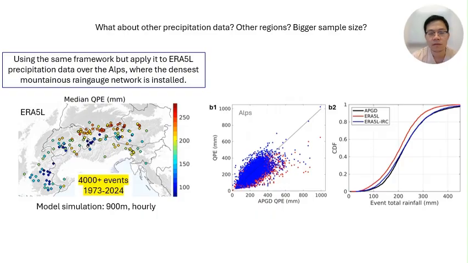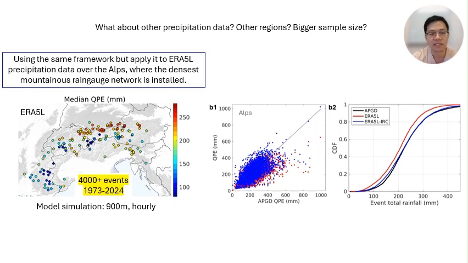So the question is, what about using other precipitation data except stage 4? And what about applying this framework to other regions, perhaps bigger sample sizes, etc.? So we use the same framework and apply it to the ERA5 data, and specifically the land component precipitation data over the Alps.